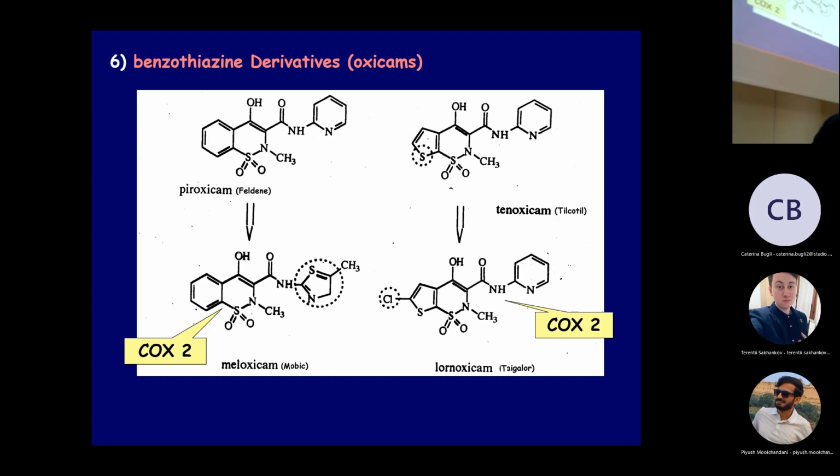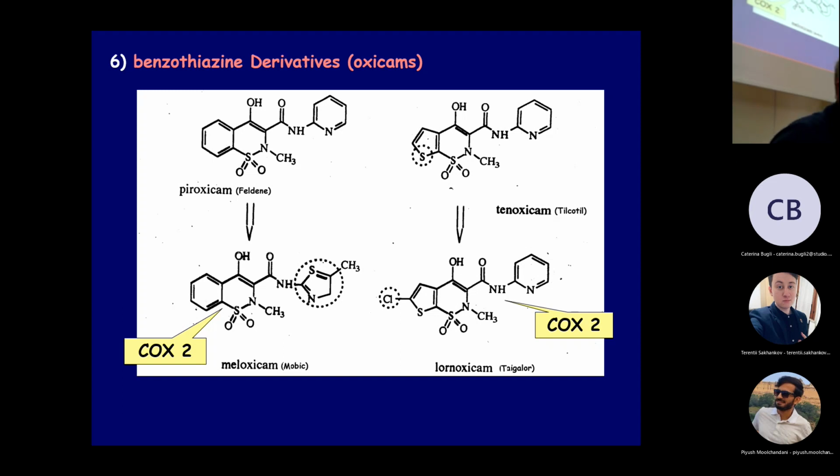We'll see that it's not true, but at the beginning, some years ago, the scientists believed in this classification.